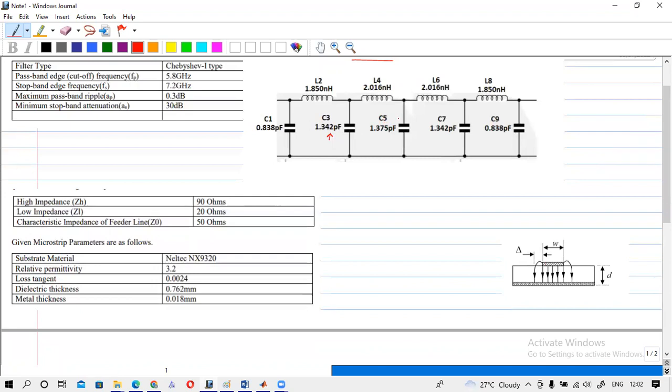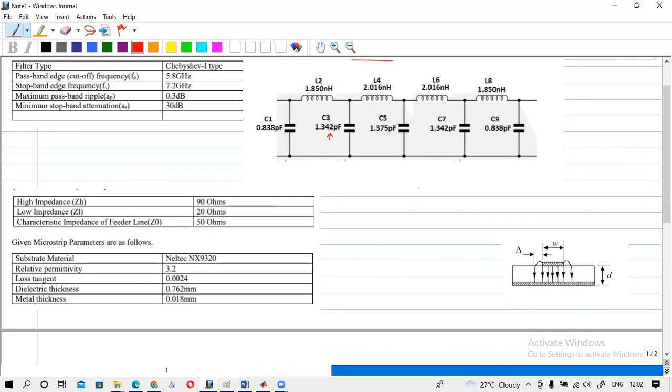Also, if we use these lumped elements, capacitors and inductors, then when we are soldering these things, sometimes the impedance and the calculated value can change. So that LPF design may not be very reliable.